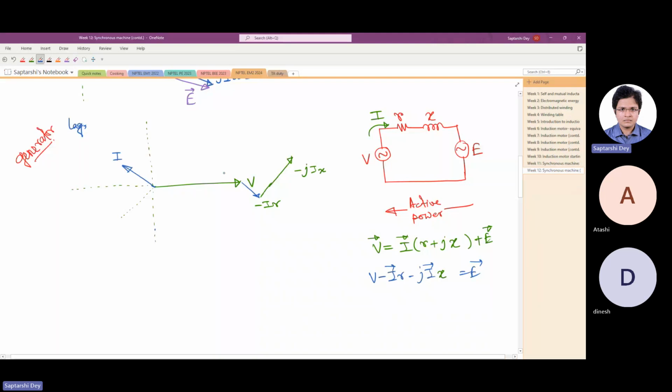Now when you add them, what you get is E. This is the vector diagram at lagging power factor, generating mode. Okay, now let us do the next one, leading power factor.